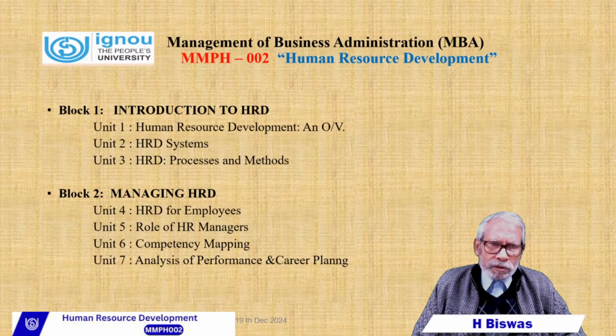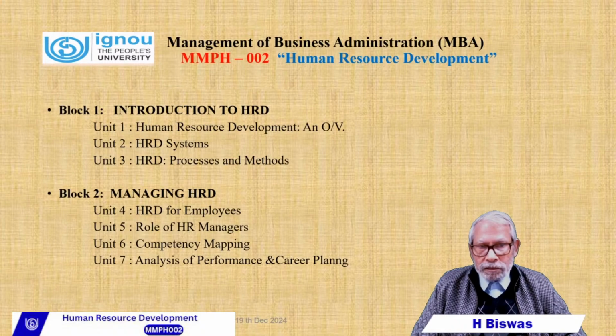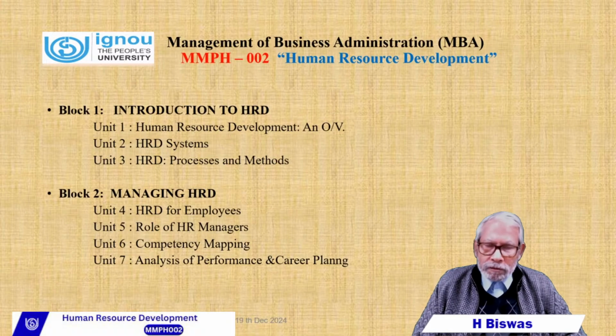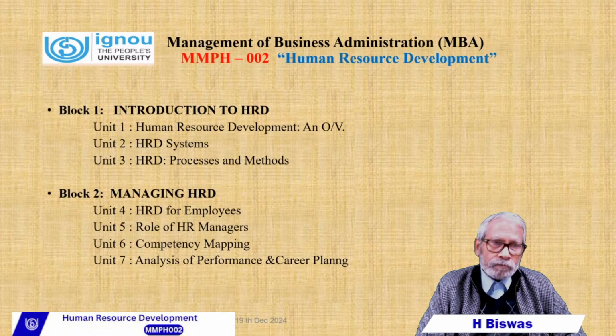And Block 2 is managing HRD, where how to manage the people, employees, and what should be the role of the HR managers, competency mapping, how to map his quality and his competency, his efficiency, all this part. Then analysis, performance level, and his career planning also, because how to promote the people.